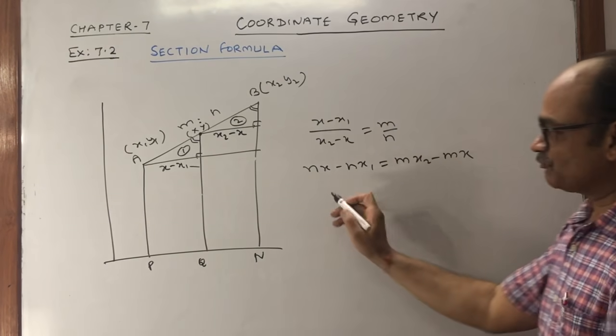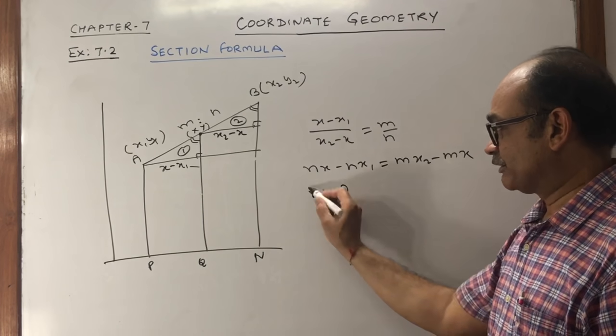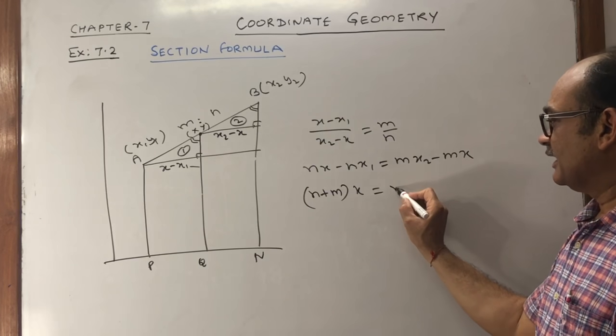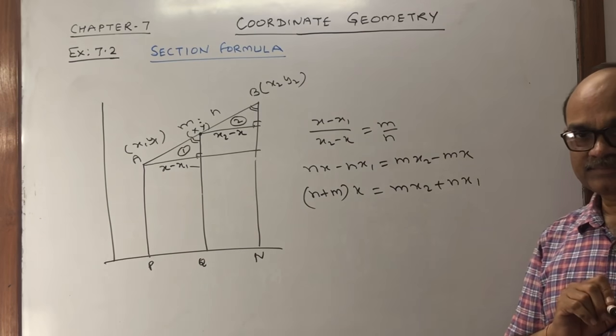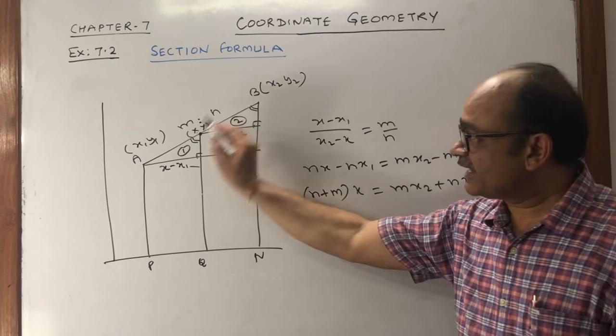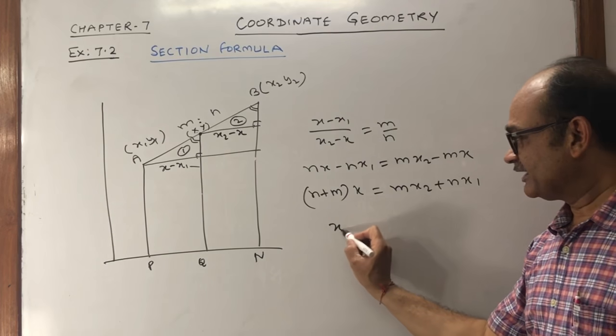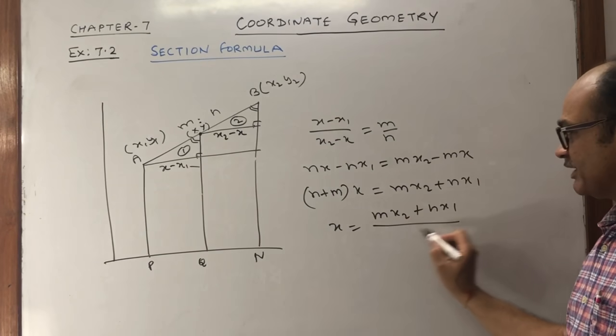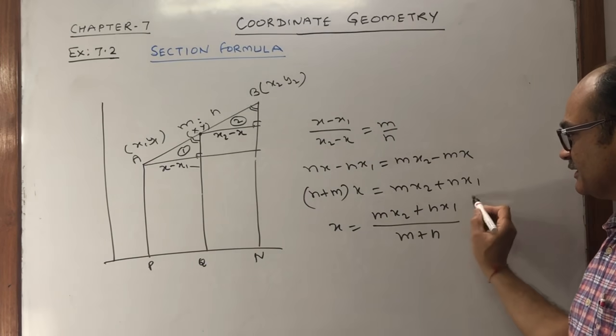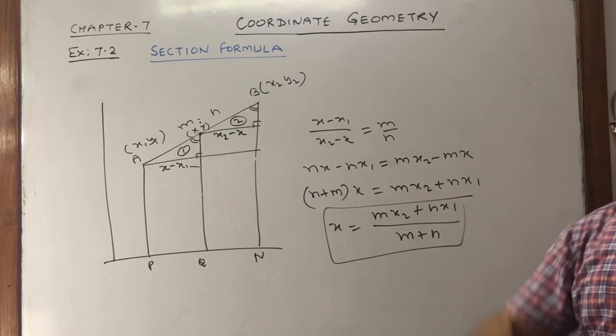Take all the x on one side because our aim is to calculate x, and take all the remaining things on the other side. So coordinate x is nothing but (mx2 plus nx1) divided by (m plus n).